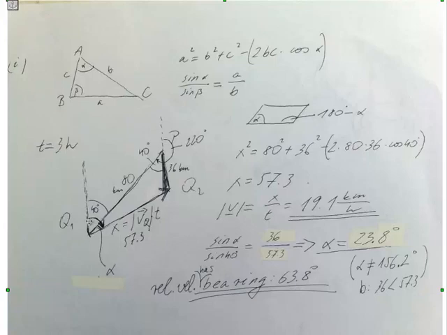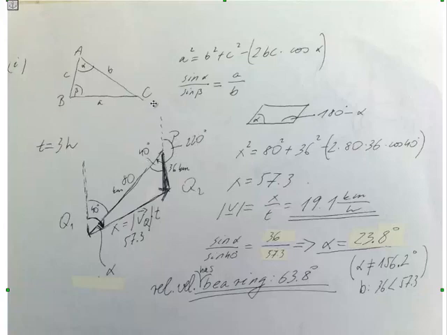First, here is ship Q, and our idea is to let ship P be the reference system. So ship P is not moving in this system. First Q is here, bearing 220 degrees.